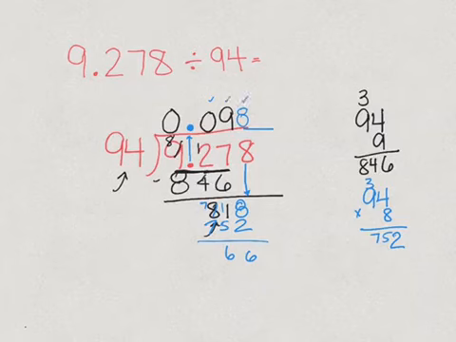So the answer to this is 0.098. And if I were to use a little number sense, well, 94 times 0 is going to get me 0. But when you look at what I was doing, I was trying to divide 9 by 94. Okay.